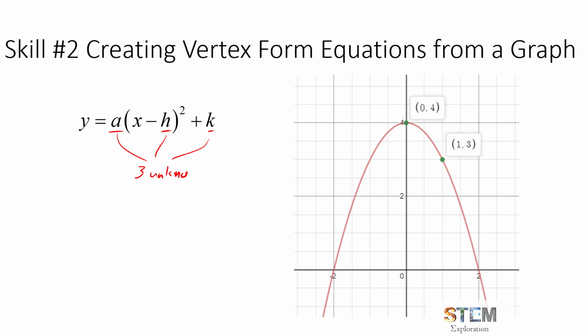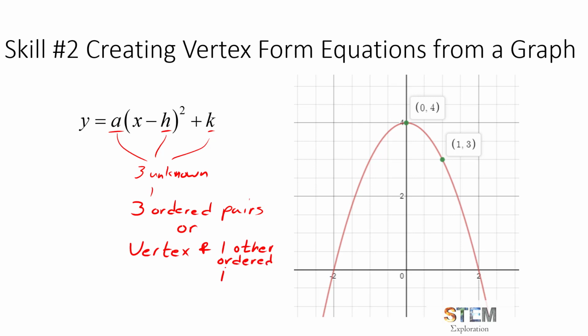So with that said, I either have to have 3 ordered pairs in order to do this, or I need the vertex and one other ordered pair. And the reason for this is because the vertex actually gives you 2 unknowns in one fell swoop.